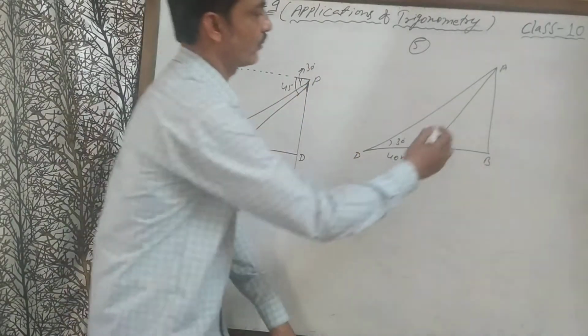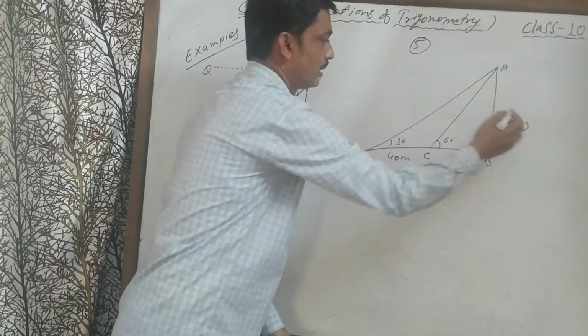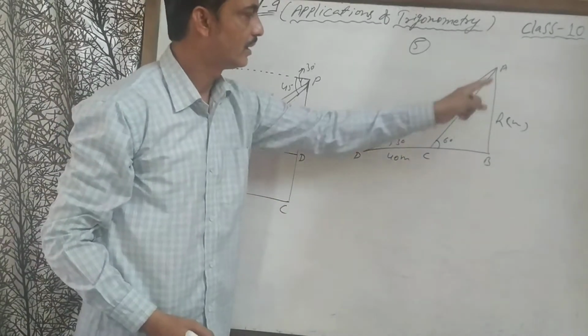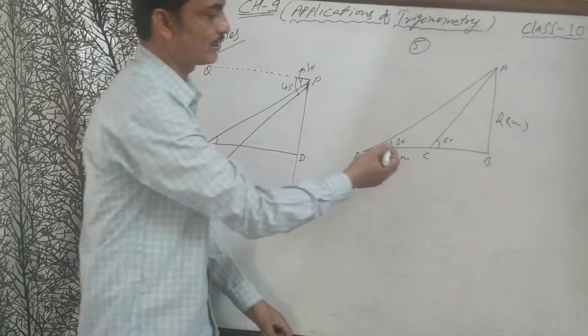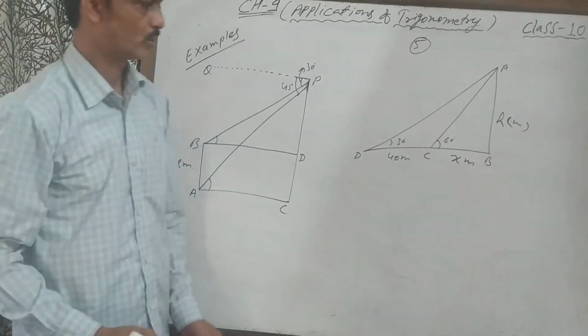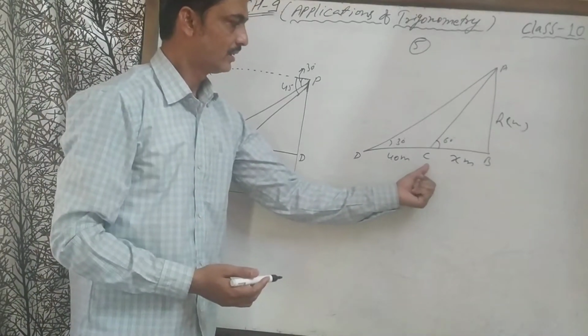So let the height of AB be h meter. Now use trigonometry in triangle ABC and in triangle ABD. You can let BC be x meter also, so that we can make our calculation easy. Understand?